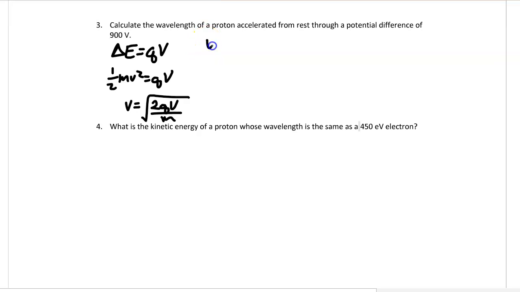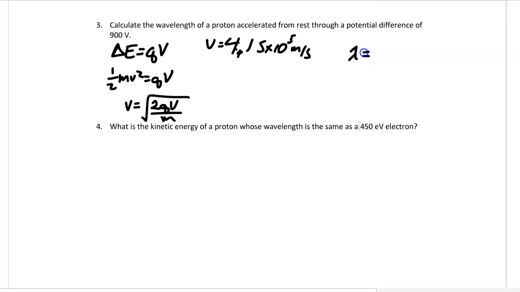Now, when you solve for that given charge of 1.6 times 10 to the negative 19, 900 volts, and the mass of the proton being 1.67 times 10 to the negative 27, that means this is moving at 4.15 times 10 to the 5 meters per second.